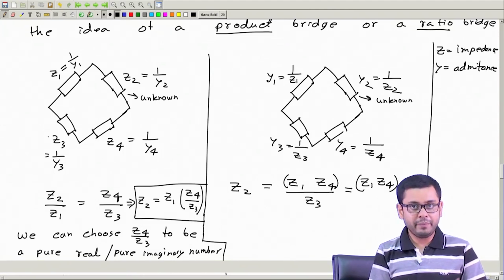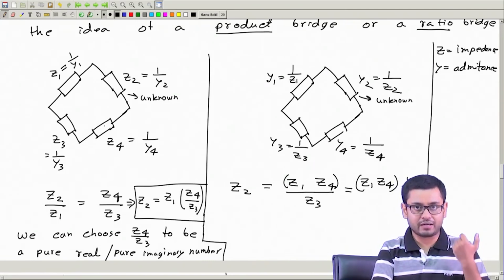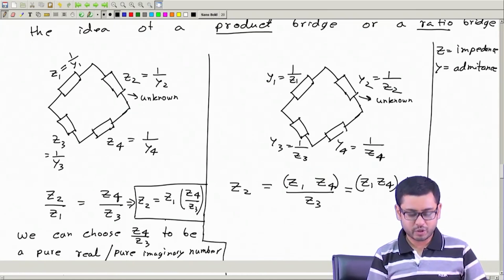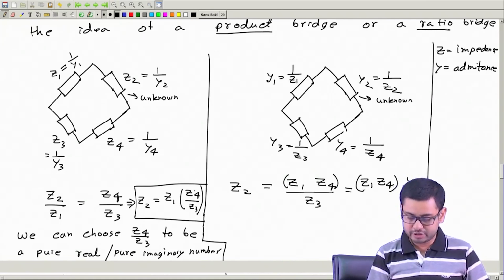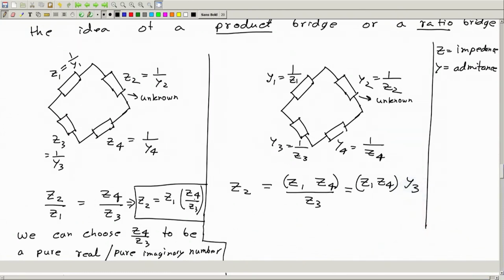But do not mix, like series combination of RL, parallel combination of RC. Then the balance equation will be difficult. That is what we want to avoid. This is an easy way to design it.